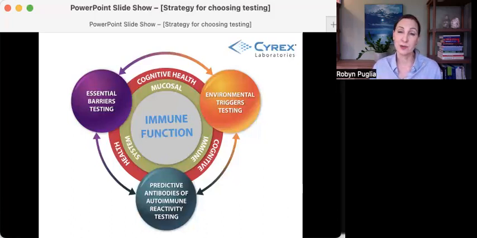So all of our tests will fall into either one of those categories if it's a test doing a deep dive into one particular target subject, or it will be a broader overview test that is encompassing all of the nodes on the diagram there to help us have a comprehensive overview of either the mucosal immune system or the cognitive assessment.